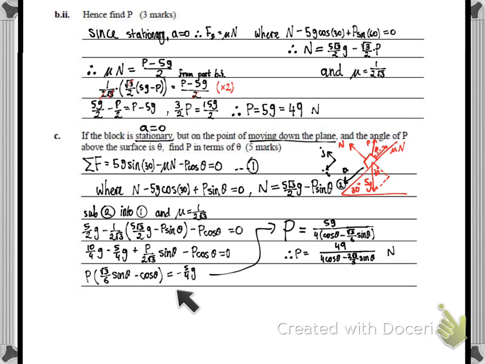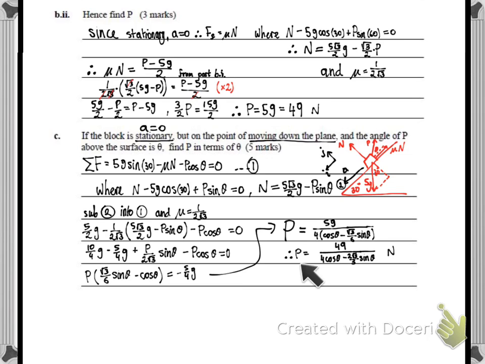Now the negative in front of the 5/4 G, well, that negative has been absorbed inside the bracket. So where it was once a negative cos, now it's become a positive cos. And when it was a positive sine term, now it's a negative sine term. And finally, if I just expand my 4 into the bracket, I get this as my expression.